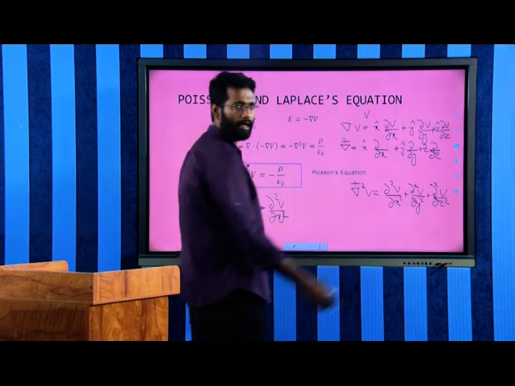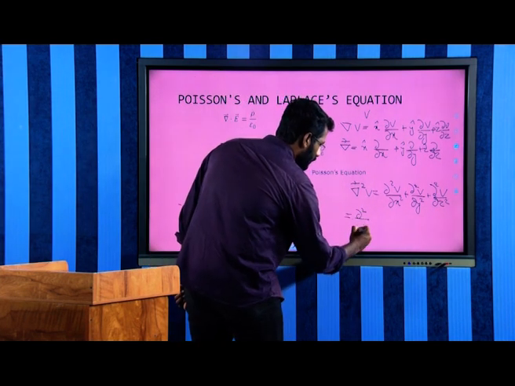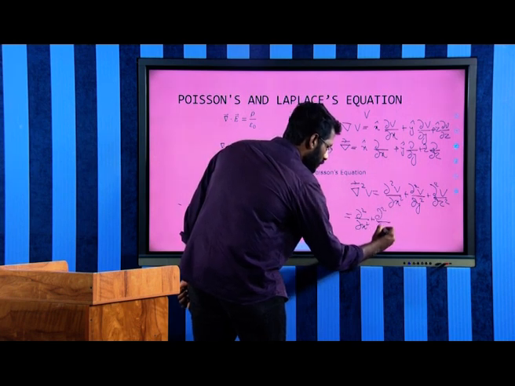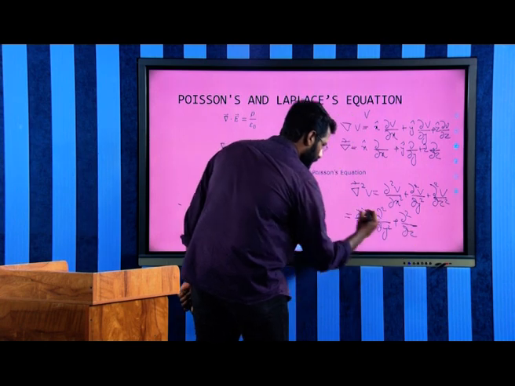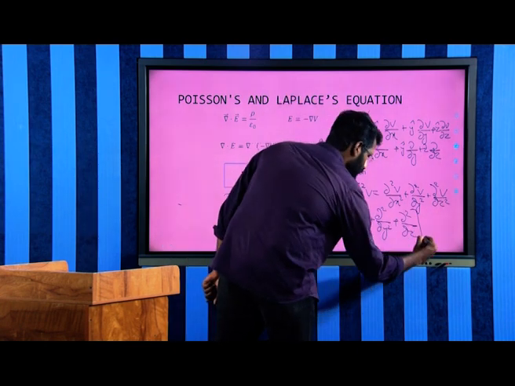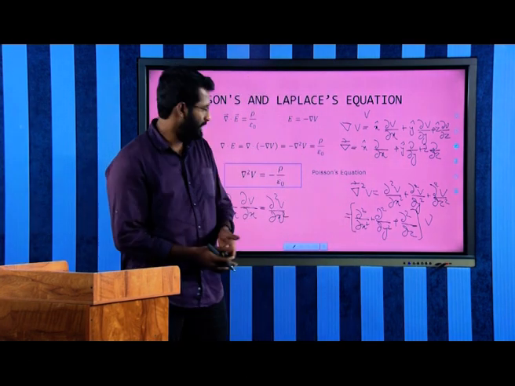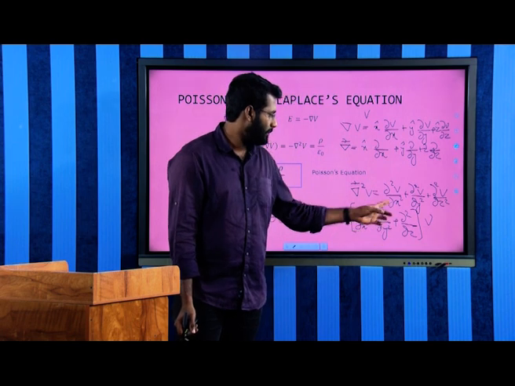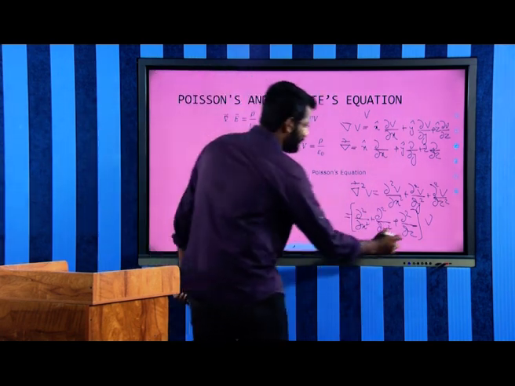Now I can take the V outside, then what remains is dou square by dou x square plus dou square by dou y square plus dou square by dou z square, into V. The term in the square bracket is called the Laplacian.